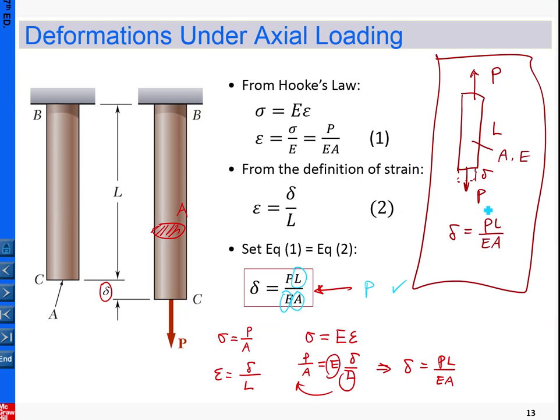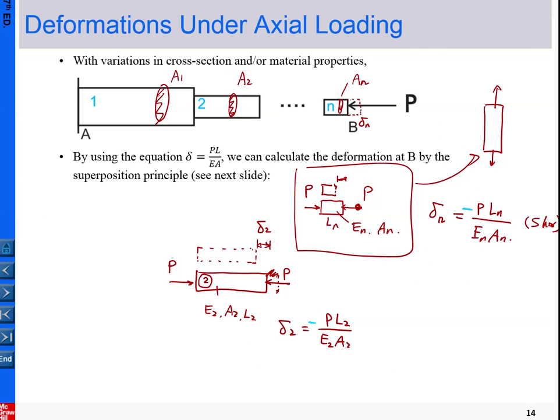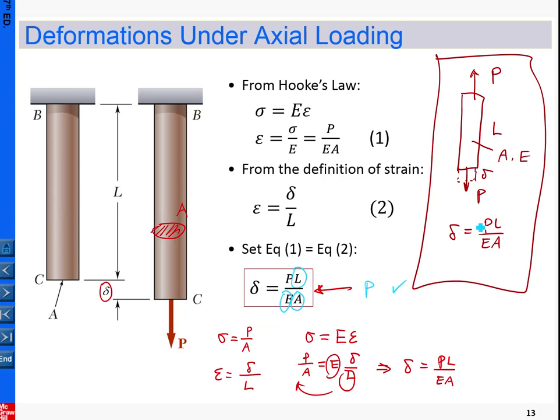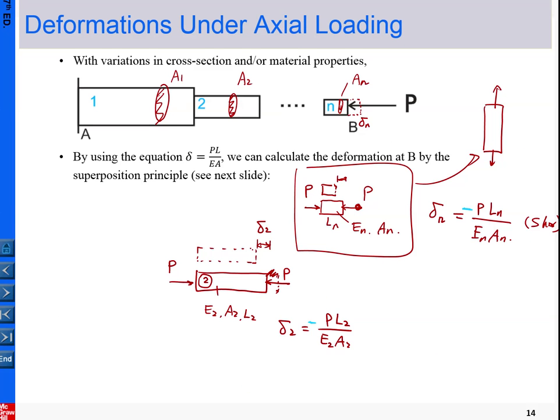So for this model, that is positive. If we have one like this, the delta you can put is negative PL over EA. So for this case it gets shortened. Okay, so that is the way we can exercise.